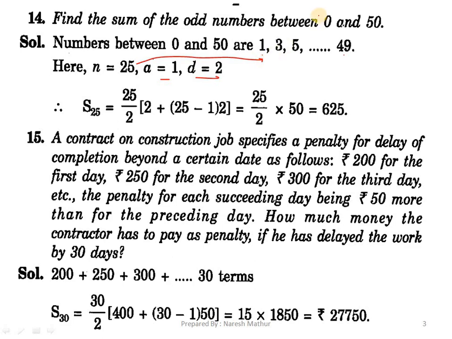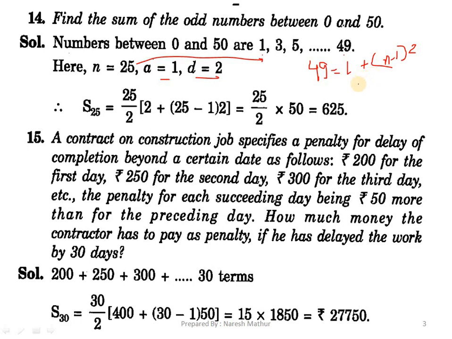But what I suggest is you go with the general solution, that is an = a + (n − 1)d, so we can get the value of n. The last term an is 49, equals 1 + (n − 1) × 2.